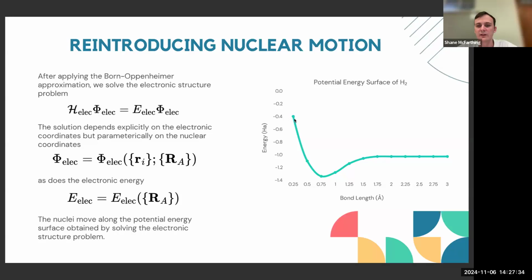In this case, we'd be looking at the ground state, which is the eigenstate of the Hamiltonian that has the lowest eigenvalue, or the state with the lowest energy. And then we get that as the result and we plot that. Then we'll change the geometry by altering the distance between the nuclei, and we'll solve the problem again, and we'll get another energy. And we continue to repeat this process until we can replicate the potential energy surface.